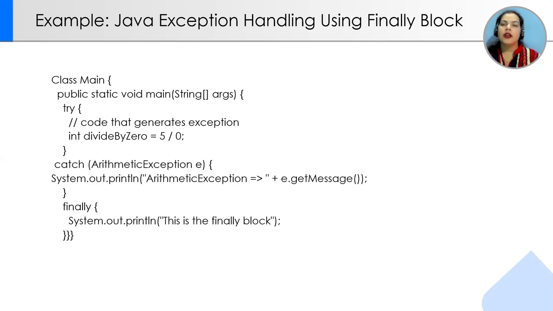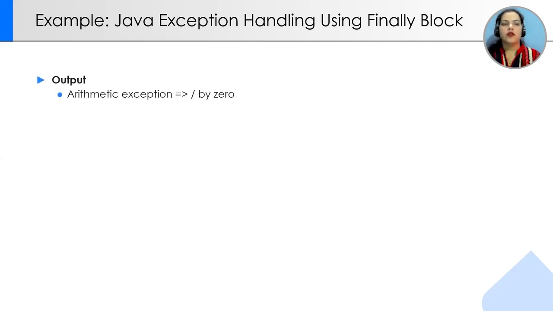In this finally statement, we put the statement which has to be executed, and which will not create any error or exception. Let's observe the output: arithmetic exception divided by 0 plus the output of the statement mentioned in the finally block.